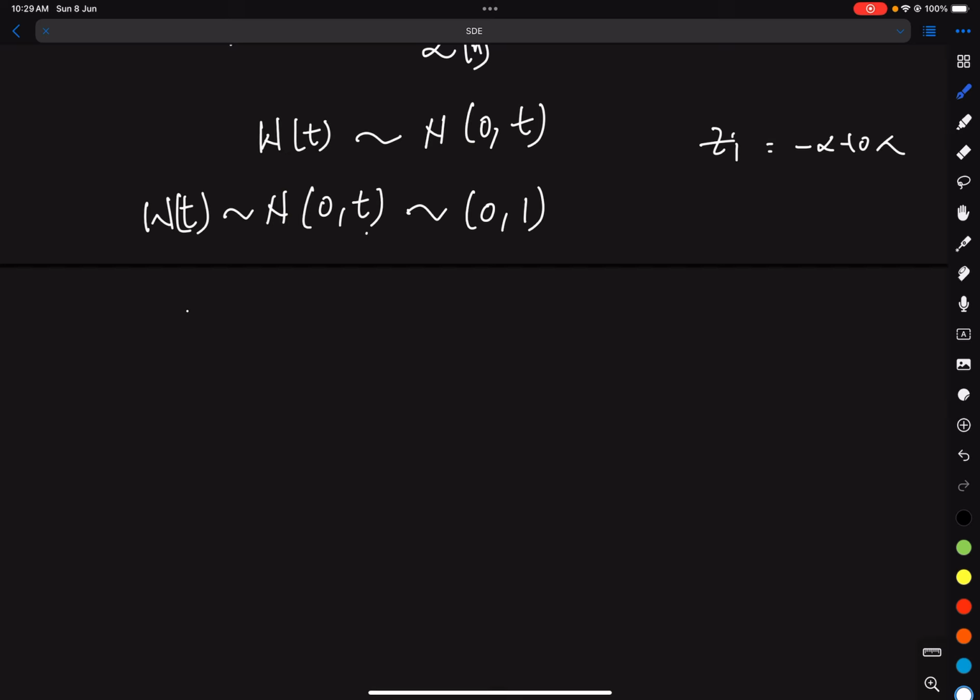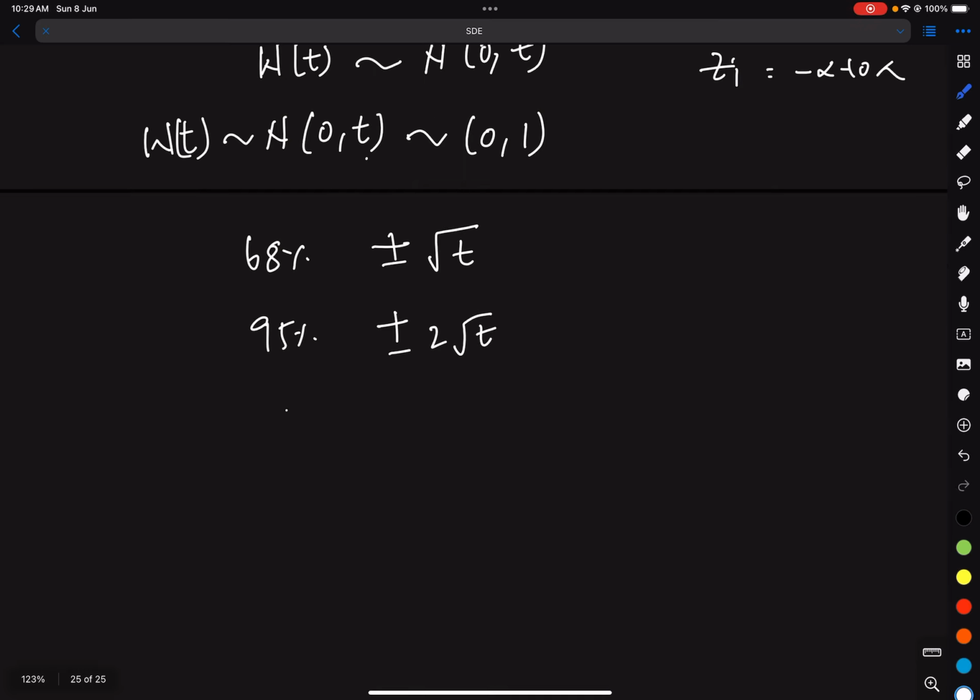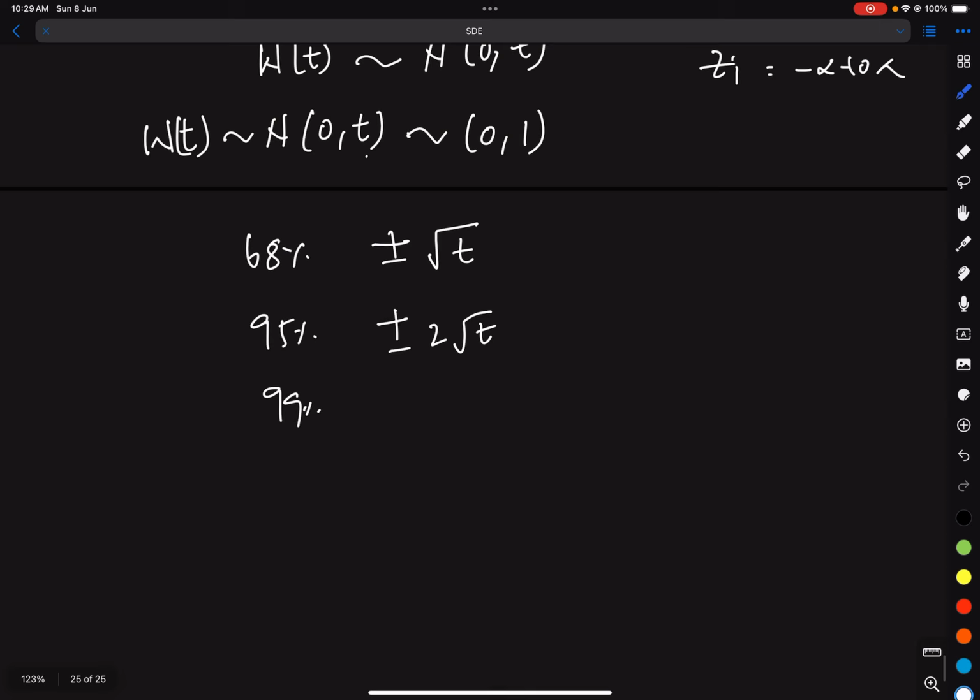As per the normal distribution, we know 68% of the values fall within plus or minus the square root of t, 95% of the time within plus or minus 2 square root of t, which is 2 standard deviations, and 99% within plus or minus 3 standard deviations, which is 3 square root of t.